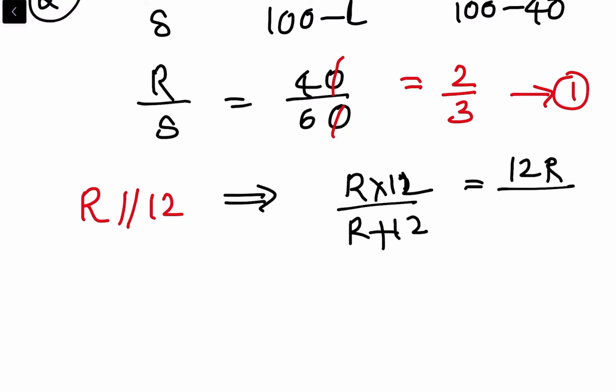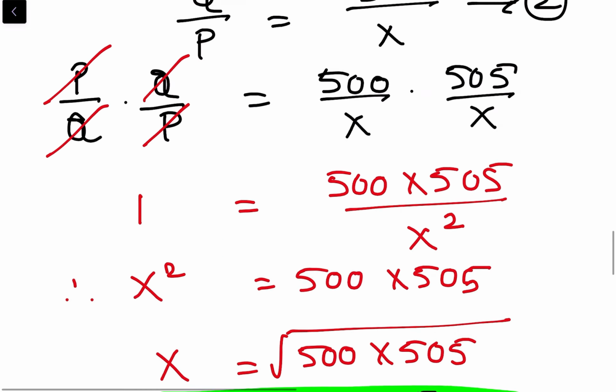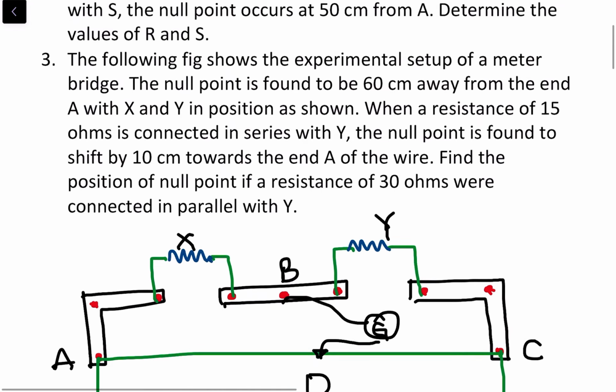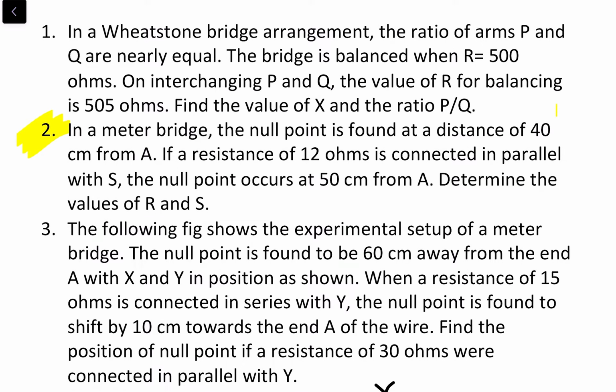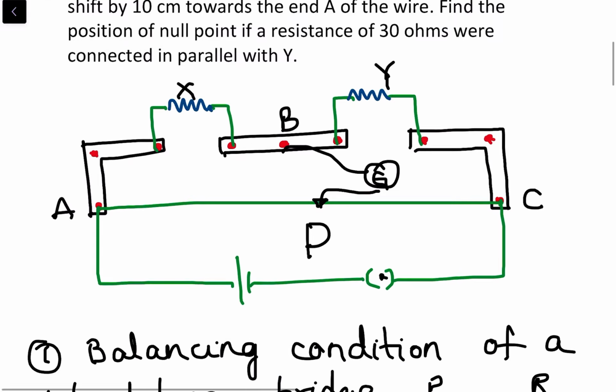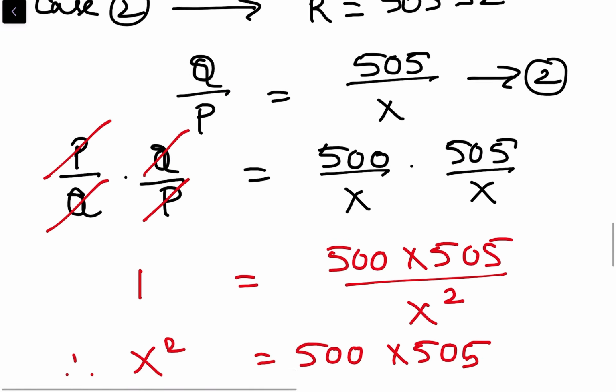It is connected in parallel with S, I think. Let me go back and see. It's connected in parallel with S. Please note this, not with R. It is 12 ohms connected in parallel with S. So let me rewrite it.